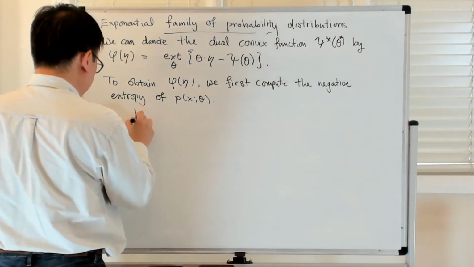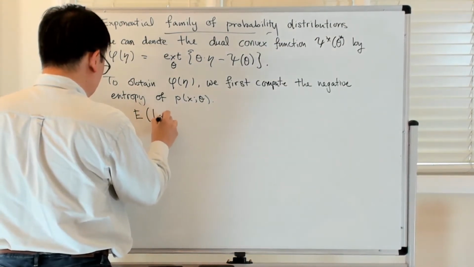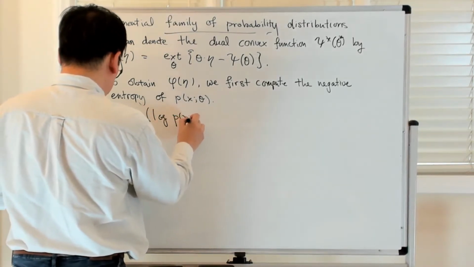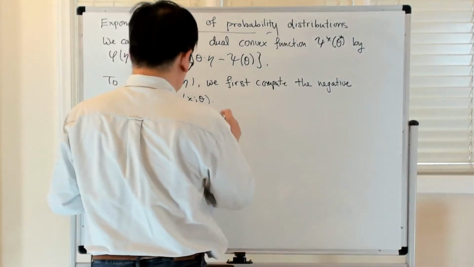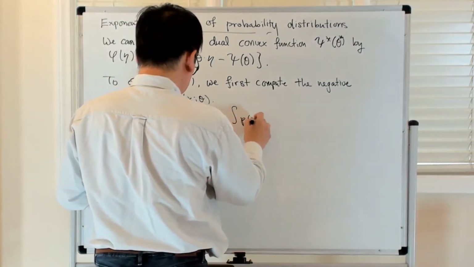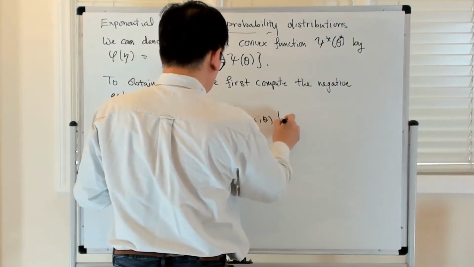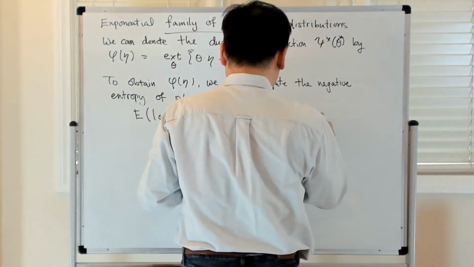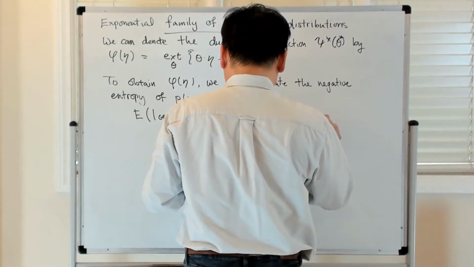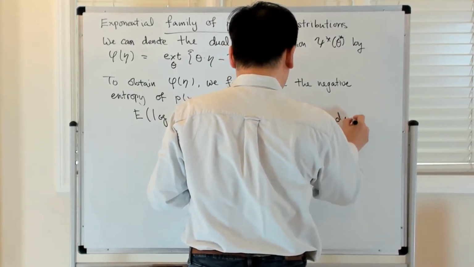This is given by the expectation of the log of p of x theta, which is the integral of p of x theta log p of x theta d mu.